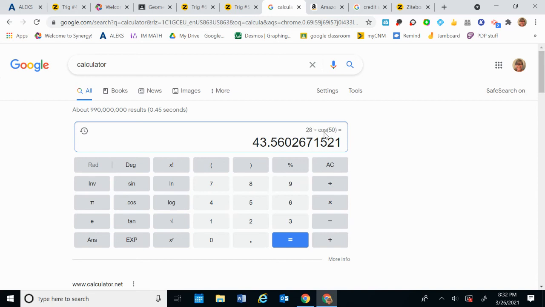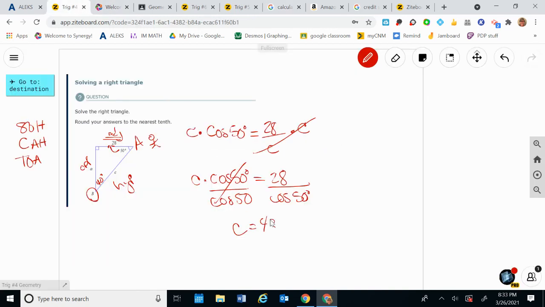You can see when you hit cosine, it's waiting for the angle. So that's 43.6. Now I'm going to use tangent of 50 to solve for A. By the way, once I found C, I could use sine and do opposite over hypotenuse.